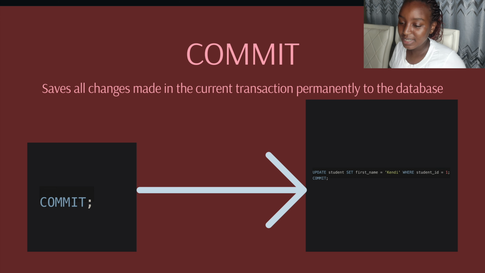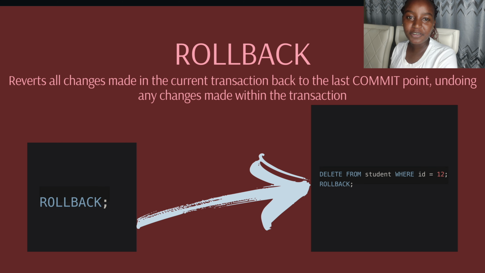We have commit. It saves all changes made in the current transaction permanently to the database. So we have an update command as an example, after which we have a command commit. We have another one, rollback. It reverts all changes made in the current transaction back to the last commit point, undoing any changes made within the transactions.